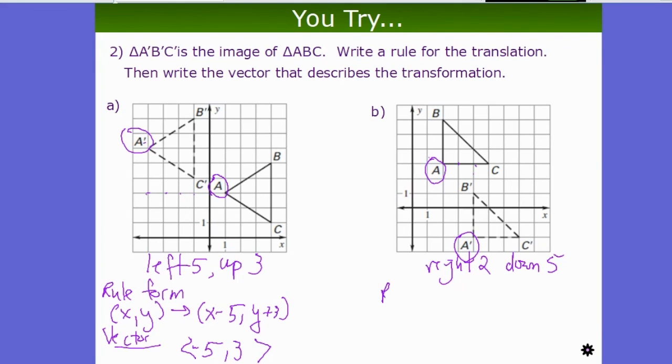So in rule form, for each (x, y) in my preimage, I want to go right 2, so I add 2 to the x value, and then I want to go down 5, so I subtract 5 from the y value. If you know the rule, it's easy to get the vector, and vice versa. If you know the vector, you can get the rule. You start at a point, you go right 2, and then you go down 5.